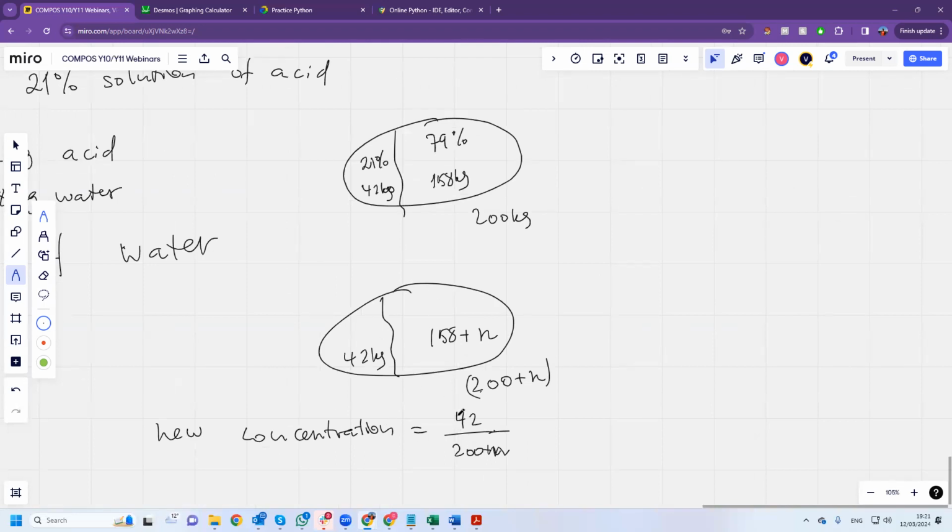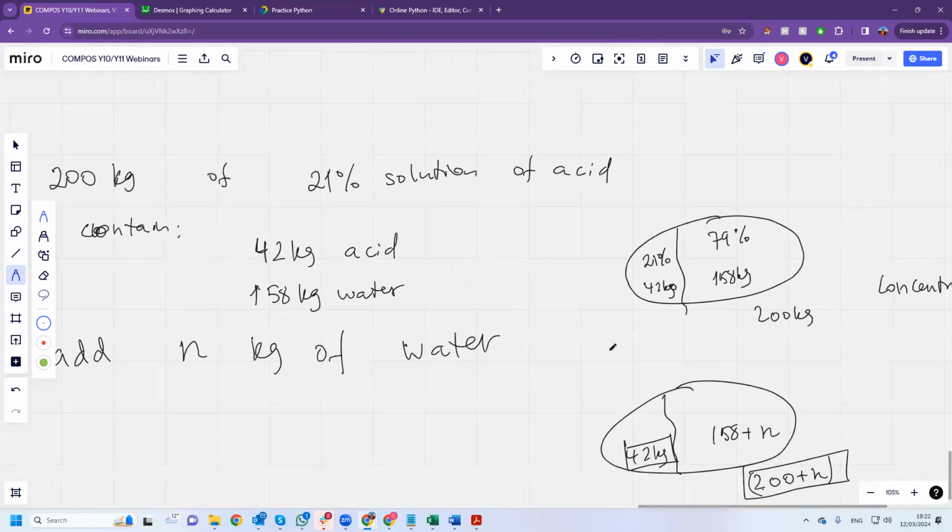The concentration is the amount of acid divided by the total mass of the substance. So right here, concentration is the mass of the acid, 42, divided by the total mass, 200, and that gives you 0.21, which is 21%. Does that make sense?